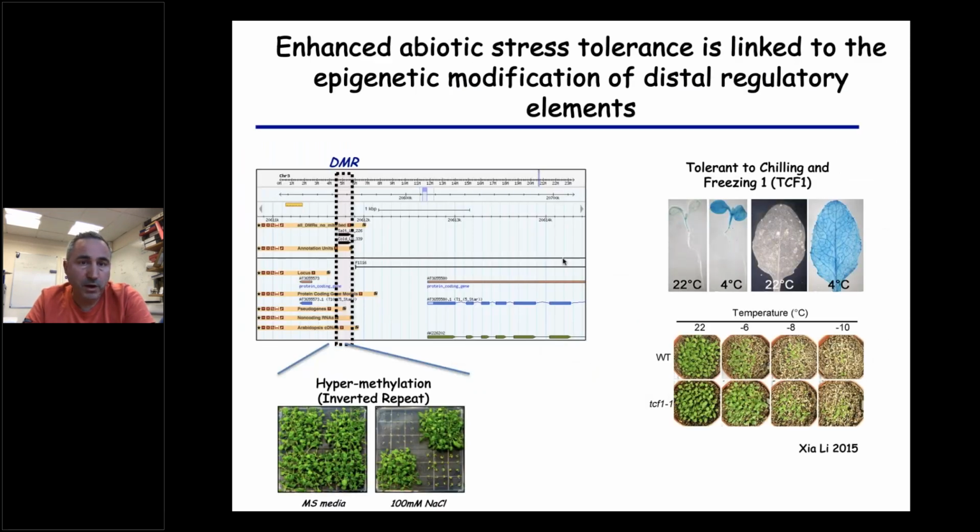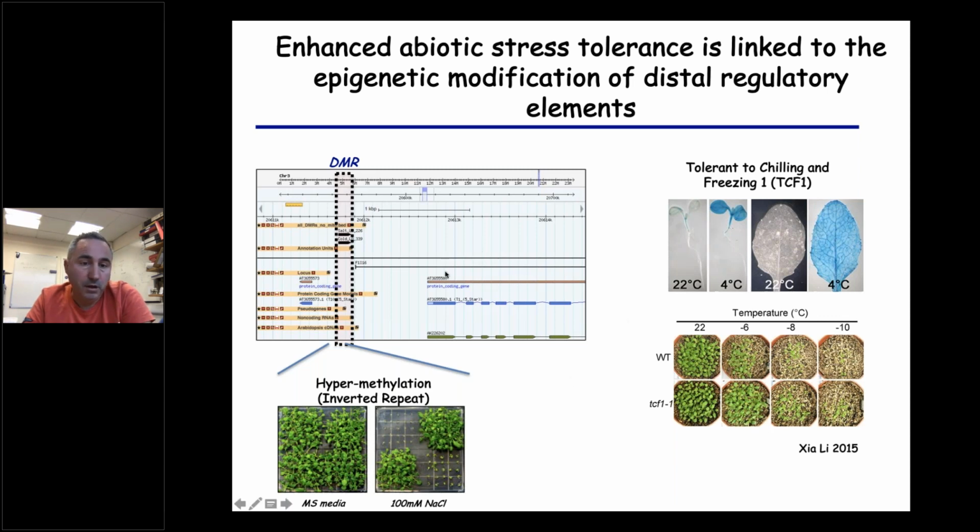We have started to characterize some of these regions, and I'm going to show you data for one of them. This is a differentially methylated region, which is upstream from a transcription factor known to be important for tolerance to abiotic stress. What we have done is to direct a hypomethylation of this region using inverted repeats, and this has a major effect on the response, in this case, to salinity.